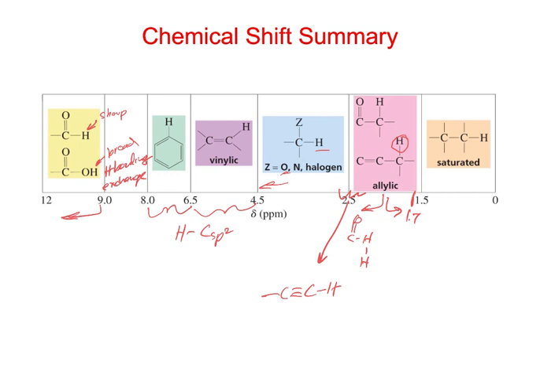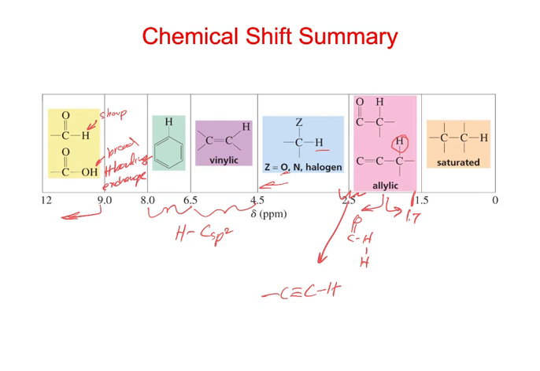And then the same added effects, right? We talked about, if we have more substitution, they're going to be more on the downfield side, less substitution. Methyl versus methylene versus methine, they move downfield, and so all of those things are additive too.